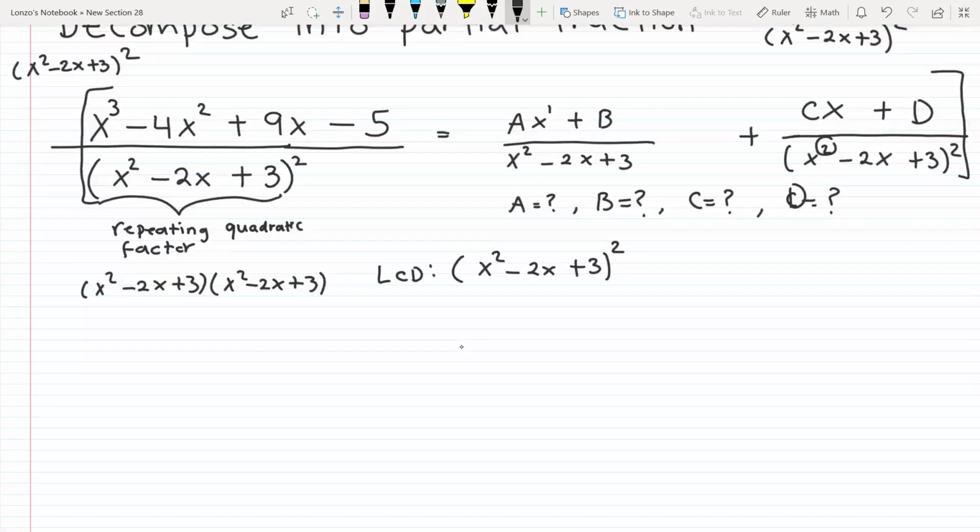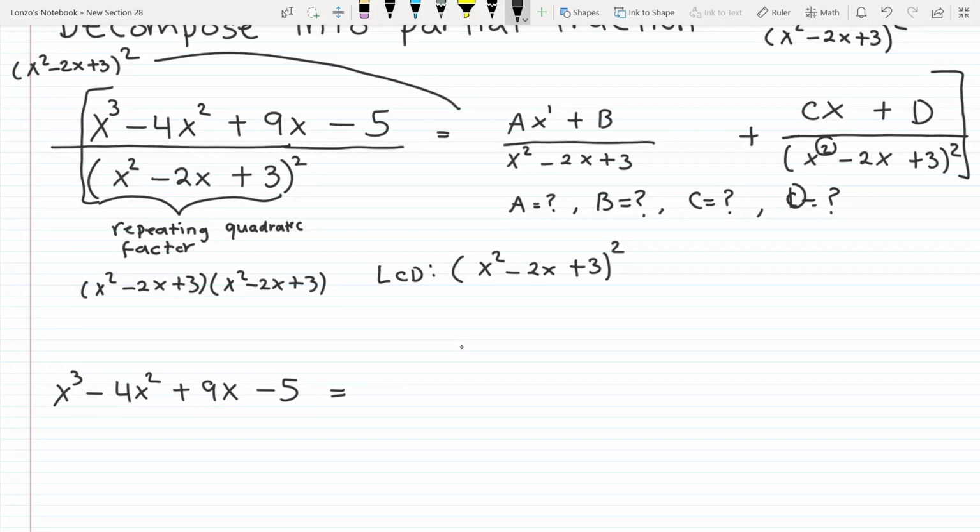And then on the left side, the bottom cancels, so you're just left with x cubed minus 4x squared plus 9x minus 5. On the right, when you multiply this out, it doesn't completely cancel, you're still left with the power of 1.